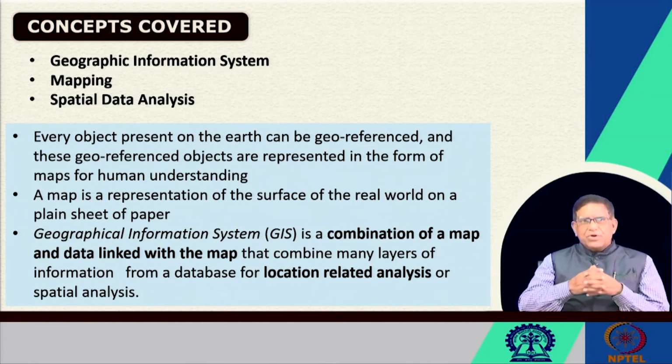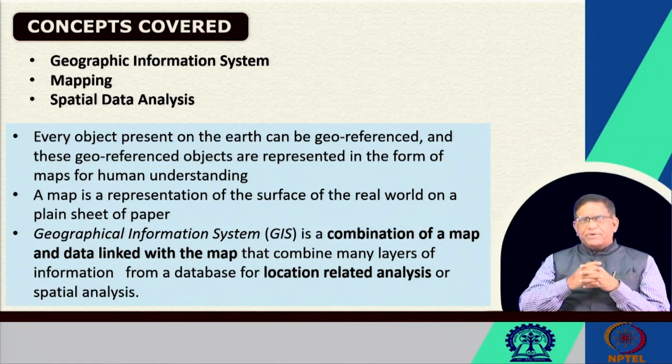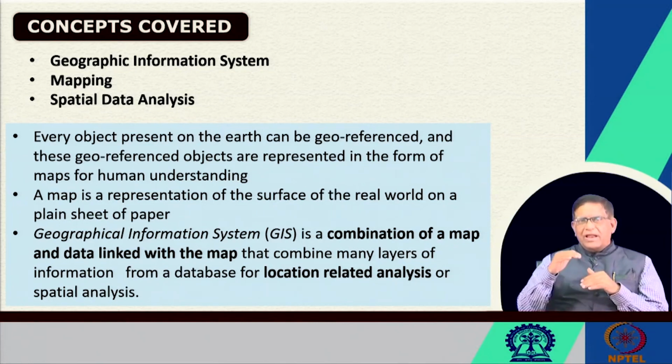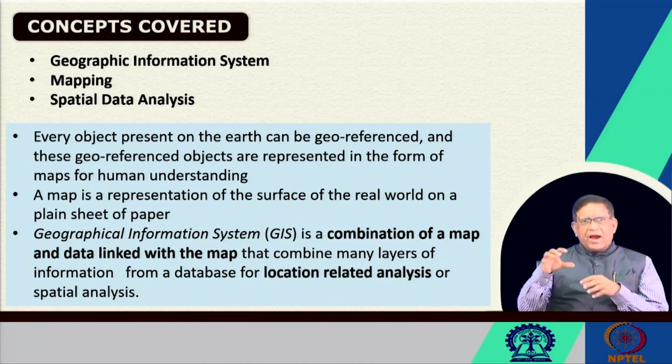So geographic information system will be covered in this lecture, because every object present on the earth can be georeferenced. Georeference means it has latitude, longitude and elevation information. A map is nothing but georeferenced information placed together, where one relative to the other you can find out.